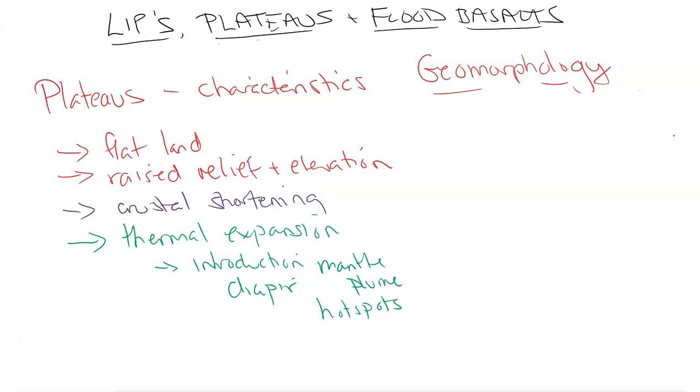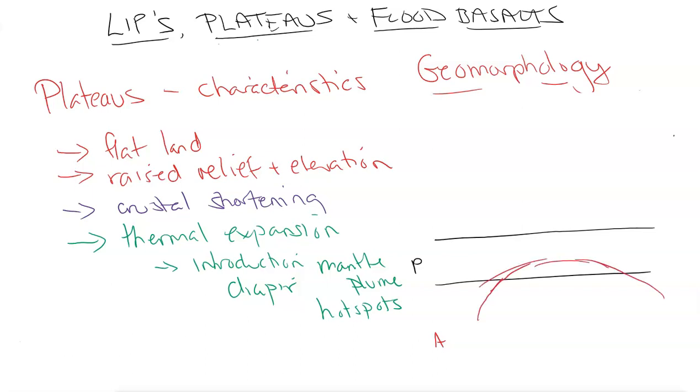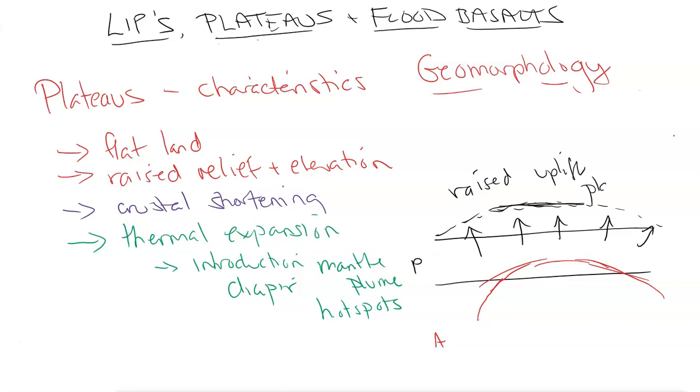So you have your crust and your asthenosphere, and then you have this raised thermal expansion coming up like this, and the corresponding effect is for this part of the crust to be raised up through uplift. You get this raised flat area according to the amount of plume activity underneath and the amount of uplift from the asthenosphere. You get this plateau being formed because of thermal expansion.